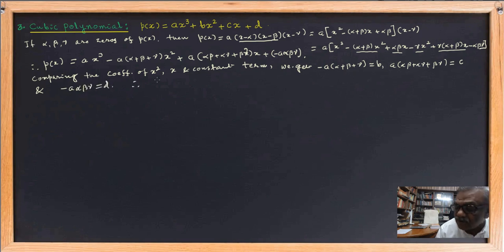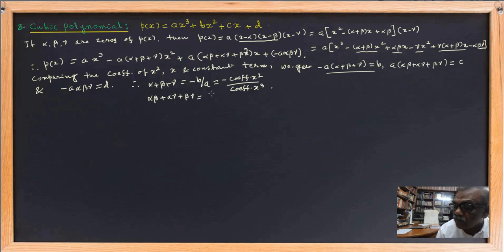Therefore this comparison will give us alpha plus beta plus gamma equal to minus b by a. And what is exactly this? This is minus coefficient of x square divided by coefficient of x cube.